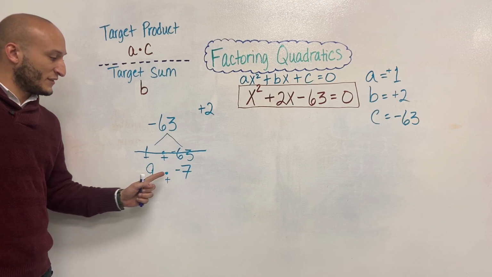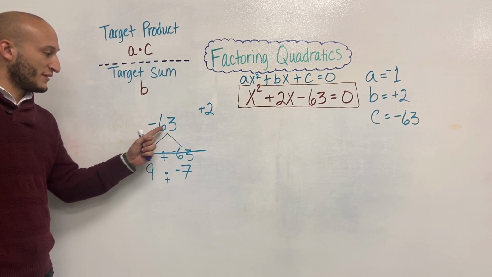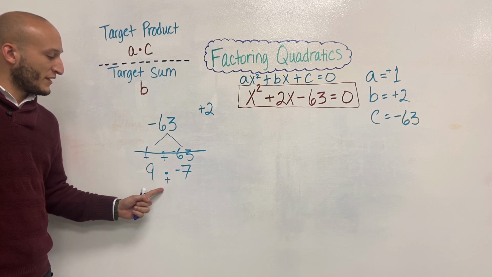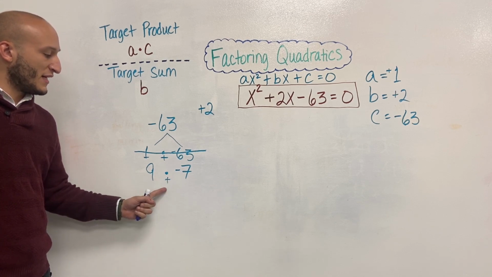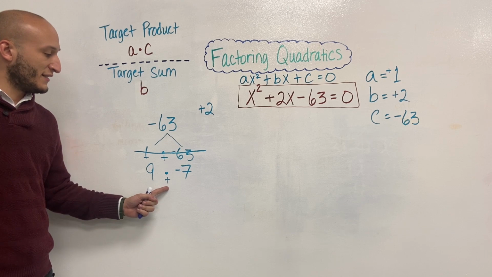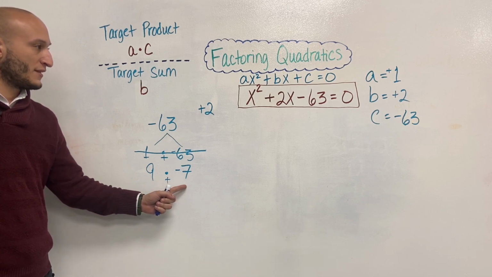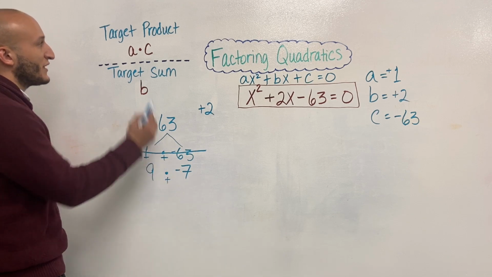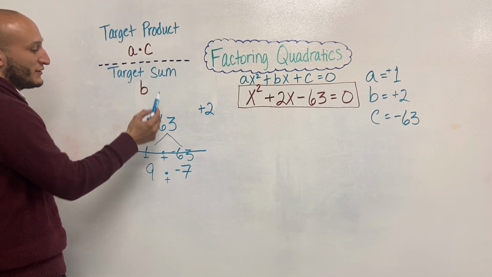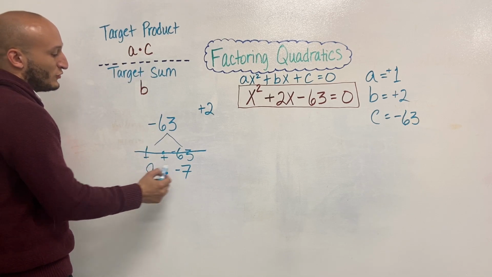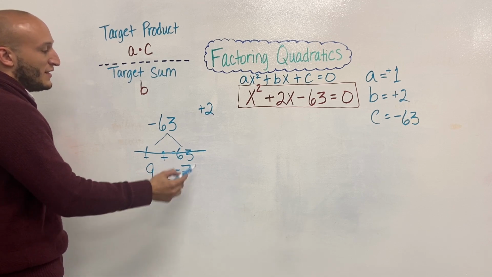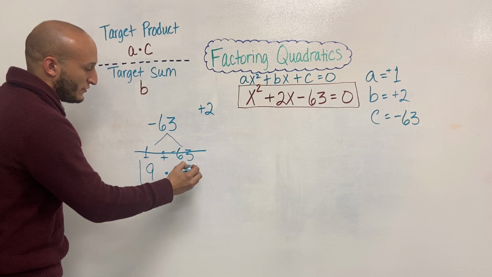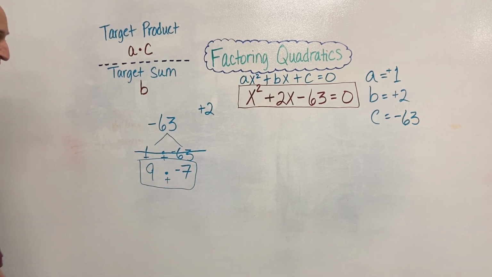So 9 times negative 7 gives me negative 63, and 9 plus negative 7 is 9 minus 7, which is 2. So bingo, it meets both conditions, target product and target sum. I can multiply them and add them, and they meet these two conditions. So these are the two numbers I will be using.